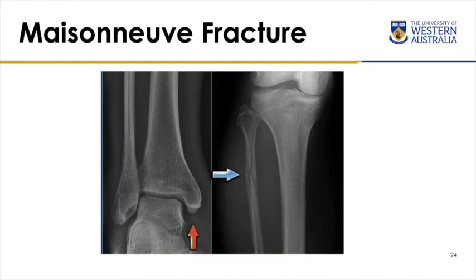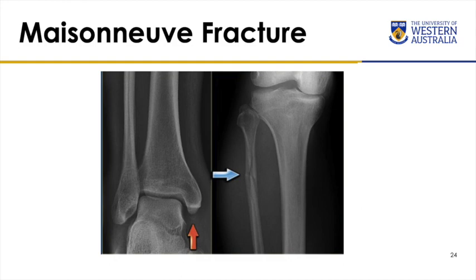A Maisonneuve fracture is the eponymous name given for a proximal fibular fracture that occurs with an avulsion fracture of the medial malleolus or rupture of the deltoid ligament, and is associated with a syndesmotic injury.